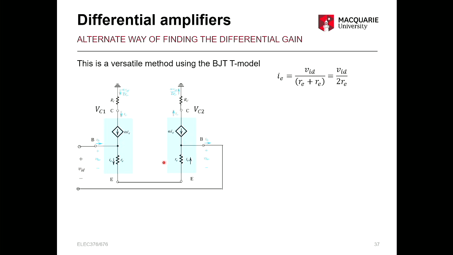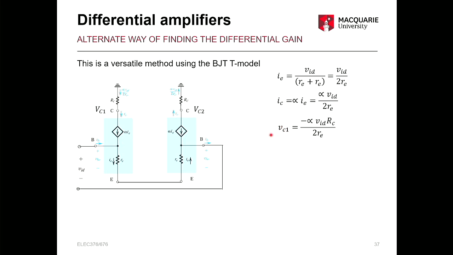So in this case, our IE is going to be equal to VID divided by the total resistance seen by that current, so that's 2RE in this case. We know that IC equals alpha IE, so that gives us alpha VID over 2RE.